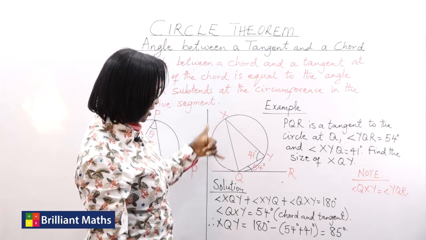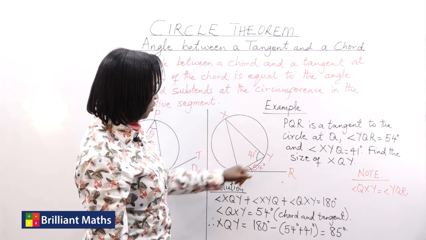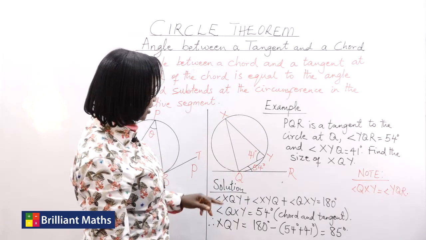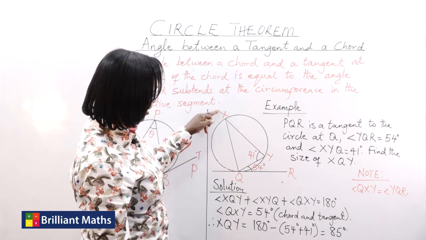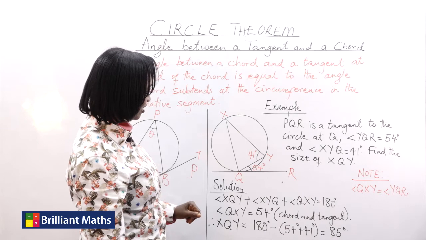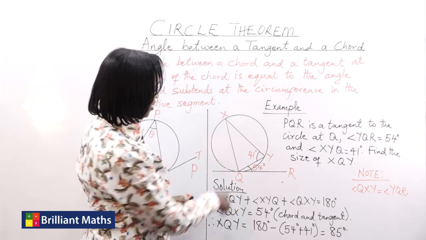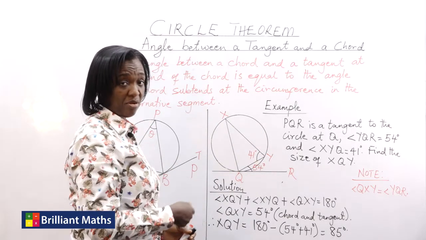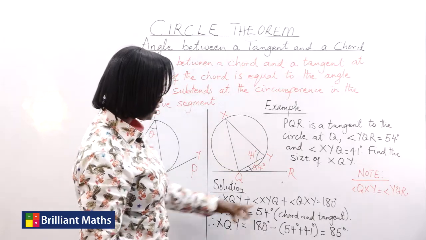Then we know that QYX is 41 degrees and XQY is what we are finding. So QXY is 54 degrees by the theorem. So going by that theorem, that is 54.